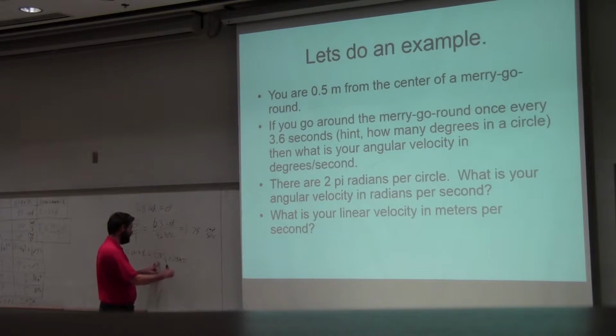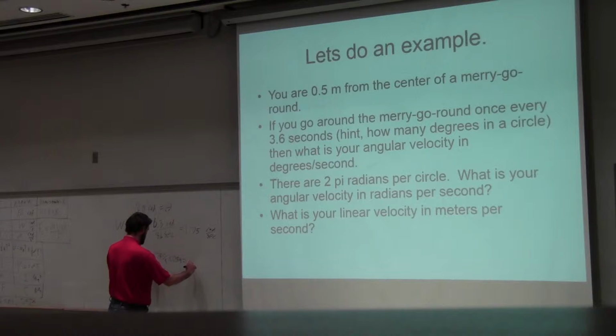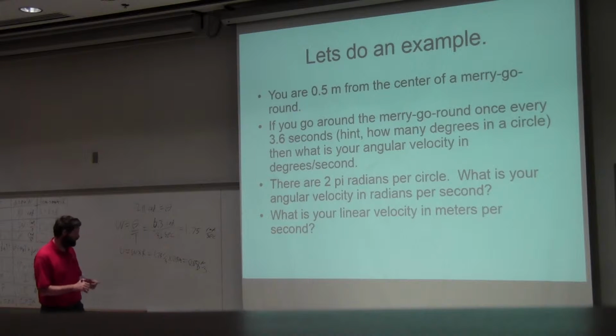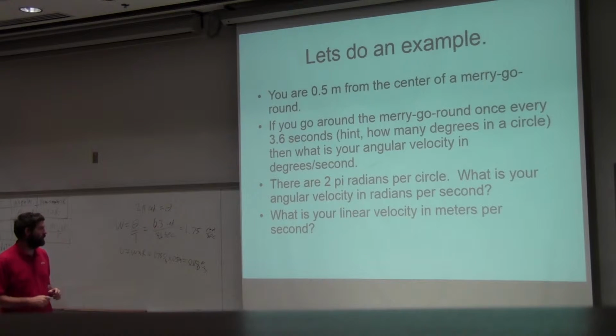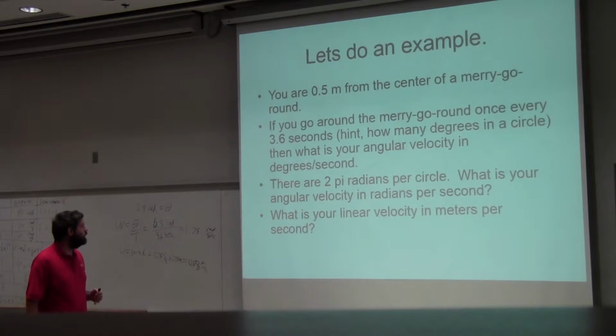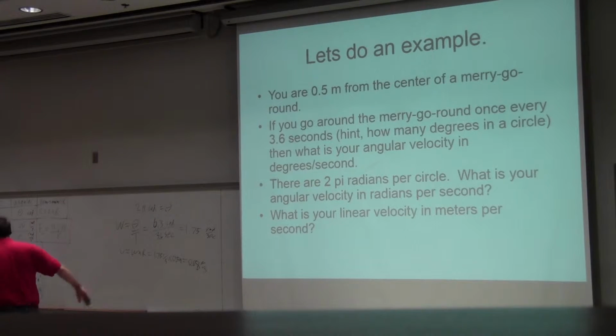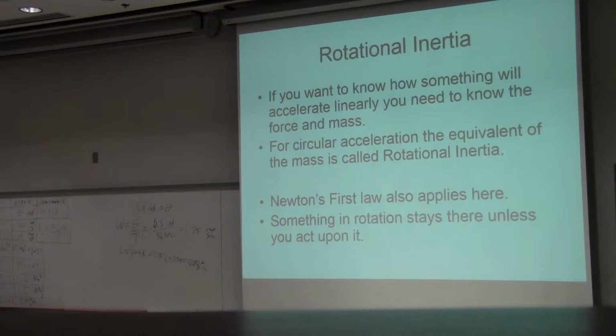So this would be about 0.87 or 0.88 meters per second. And direction is not so important here because it depends upon the frame a little bit. All right, so hopefully that's fairly straightforward. These are all level 1 problems. Rotational inertia.